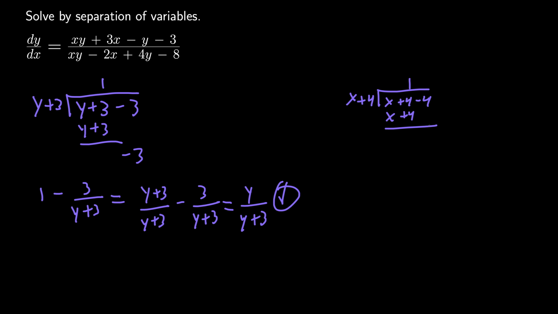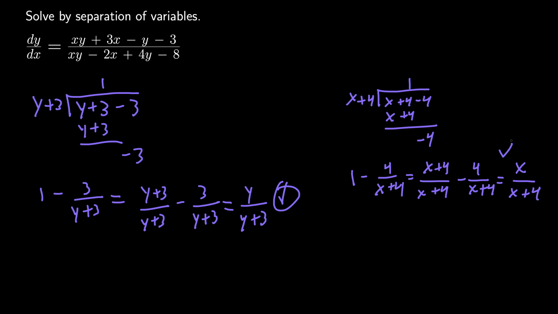And then we're left with a remainder of -4. So now our new expression is 1 minus 4 over x plus 4. And just like the other one, we check it to make sure we get x over x plus 4. And it checks. So now we're going to use these two new expressions in place of the originals to make the integration easier.